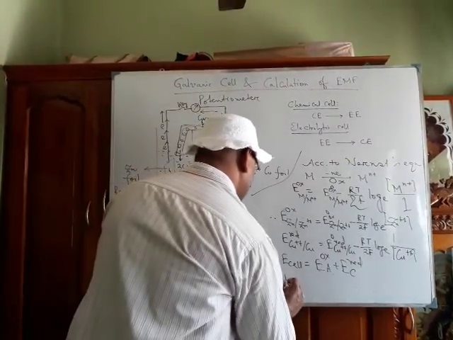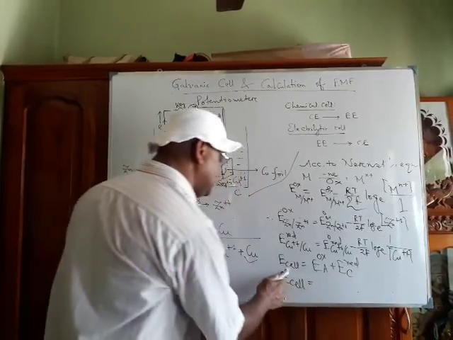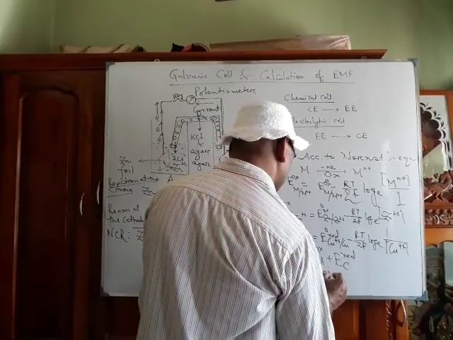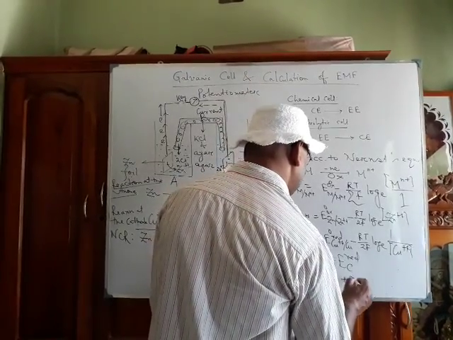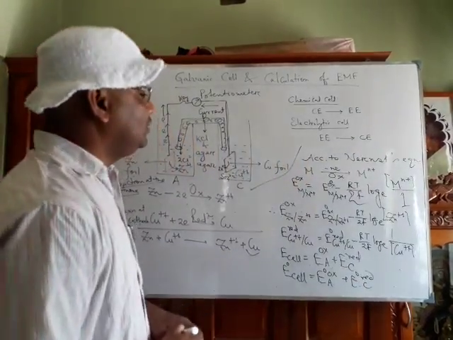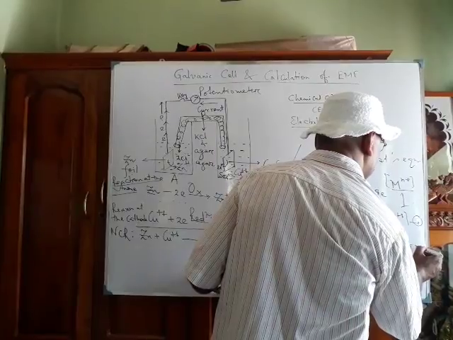Similarly, if it is E0 cell, what is E0 cell? This is called the standard EMF of the cell, will be as usual E0 ox of anode plus E0 red of cathode. So this is, suppose, equation number 1 and this is equation number 2.